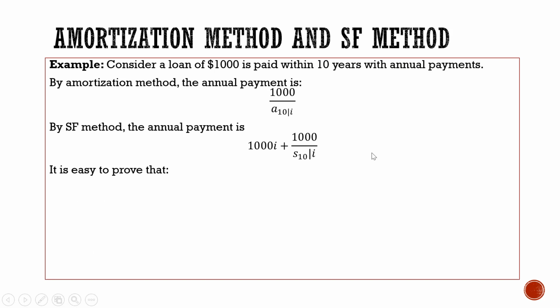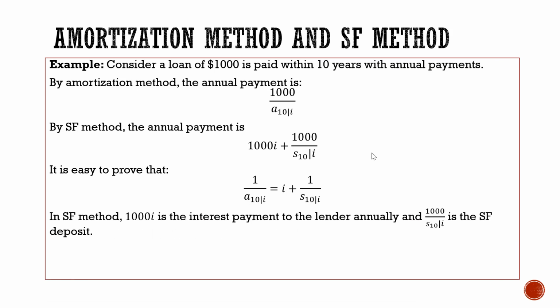It's easy to prove that 1 over a angle 10 at rate i is equal to i plus 1 over s angle 10 at rate i. In the SF method, 1,000 i is the interest payment to the lender annually, and 1,000 divided by s angle 10 at rate i is the SF deposit.